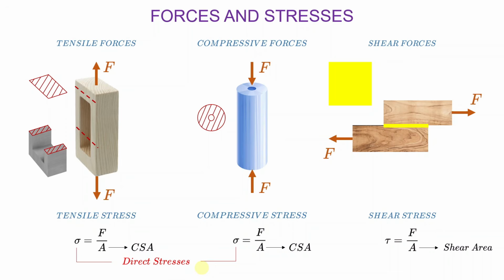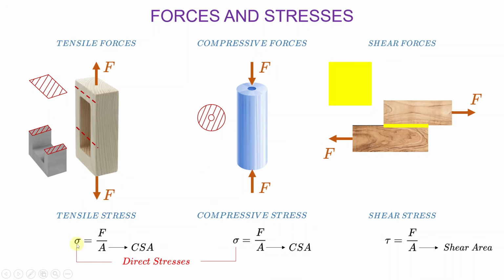Very, very important. Before I move on, I need to remind you that stress is equal to force over area. Direct stress is equal to force over area, and this area is the cross-section area. So if this area is small, the stresses are going to be big because you're dividing by a small number.